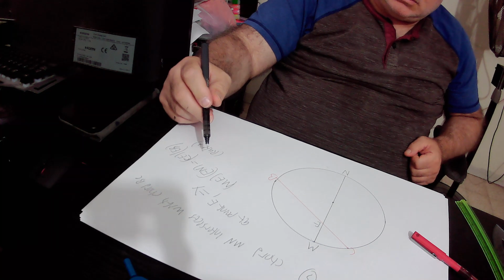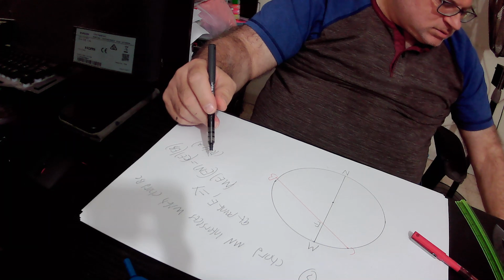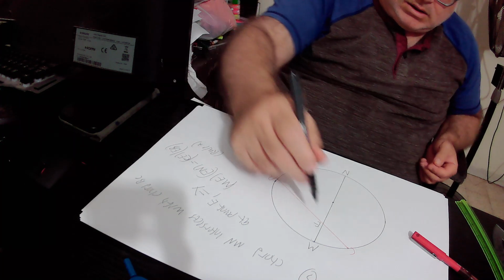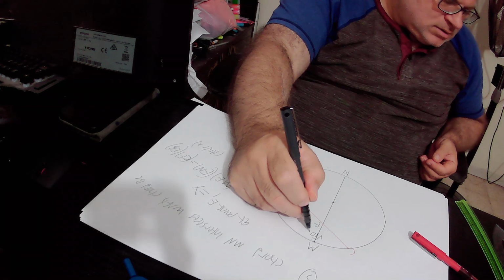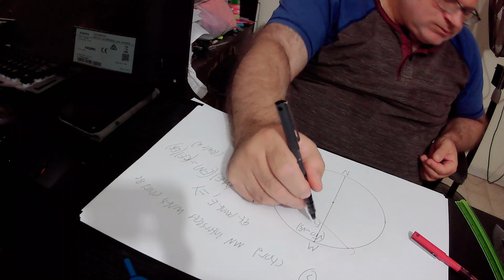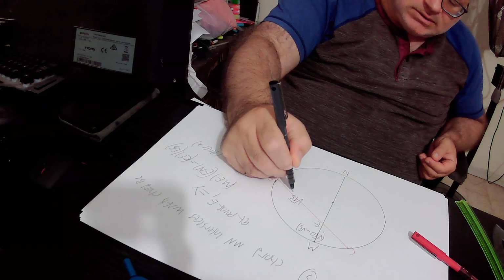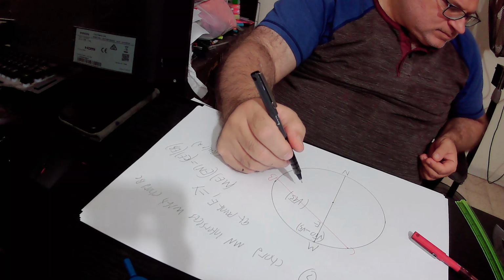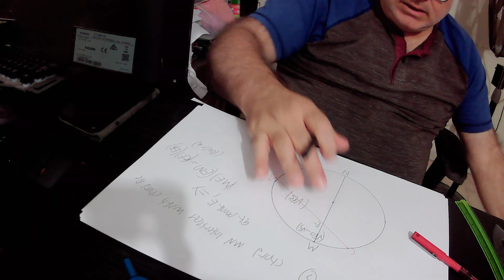So we have already found out that ME equals square root of 10 minus square root of 5. We have already found out that EB equals the square root of 15 units. What is the length of EN?